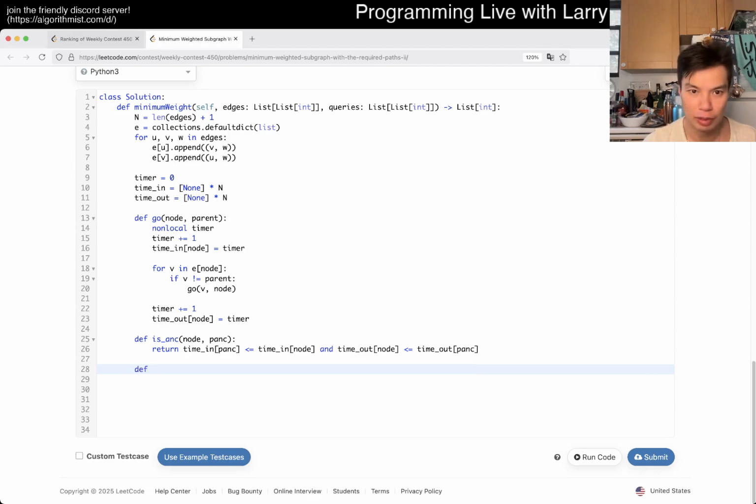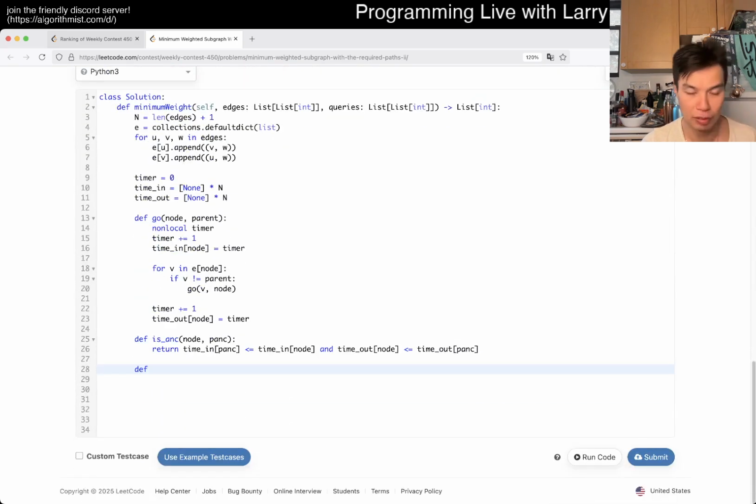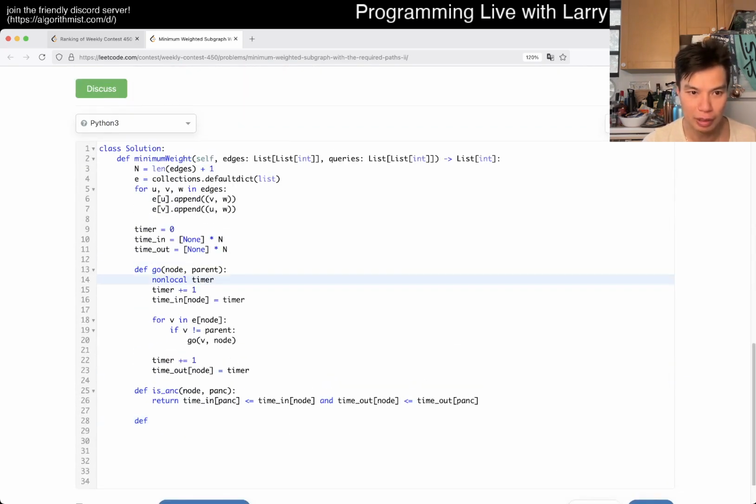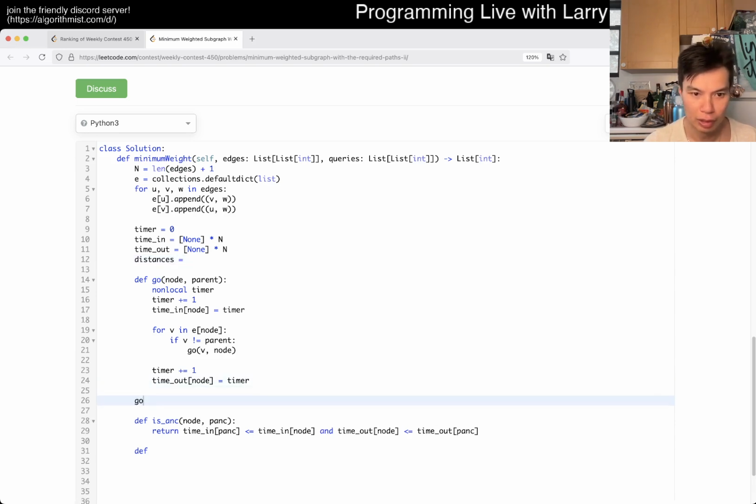So to find the thing, we find LCA, and then path to the root. Okay, fine. I have to add something to this as well, so that's the distance, right? From the root. I didn't even call it, so maybe I need to call it 0, -1, 0.